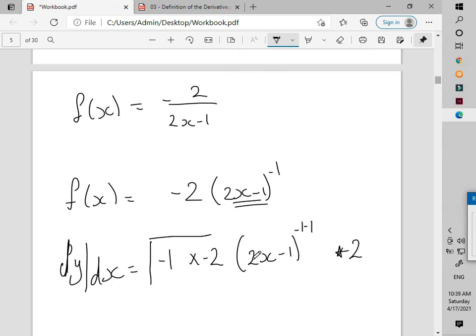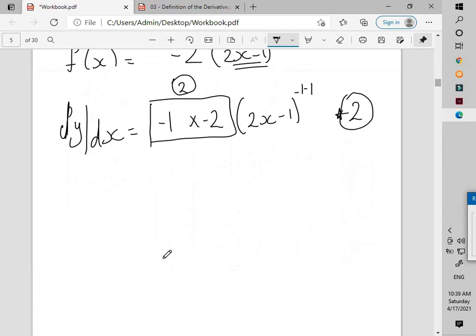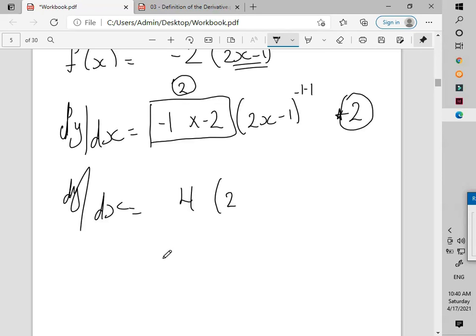So I will be doing this again. Minus 1 times minus 2 is going to give me a positive 2. So 2 times 2 is going to give me 4. So dy upon dx is equal to 4 bracket 2x minus 1 to the minus 2.